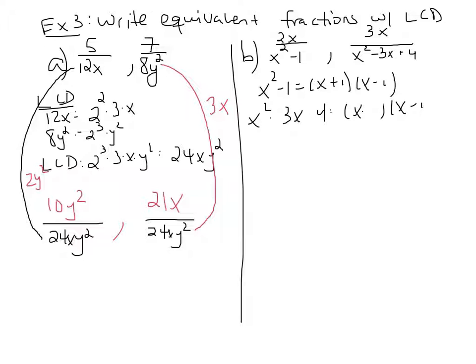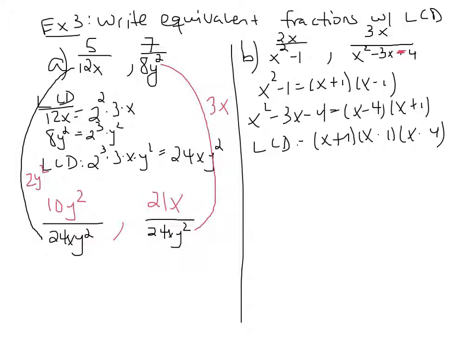I'm going to have to change the original problem here, my friends, to minus 4. Okay, that's going to allow us now to factor this into x minus 4 and x plus 1. And so the least common denominator is x plus 1, x minus 1, and x minus 4.